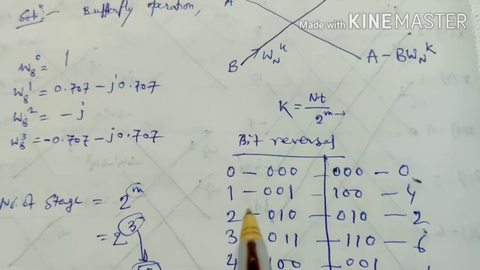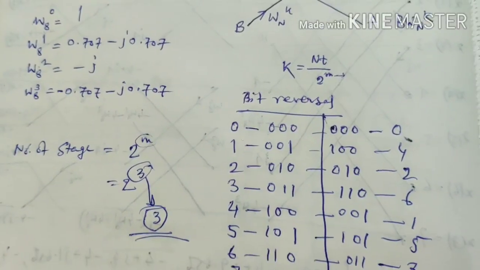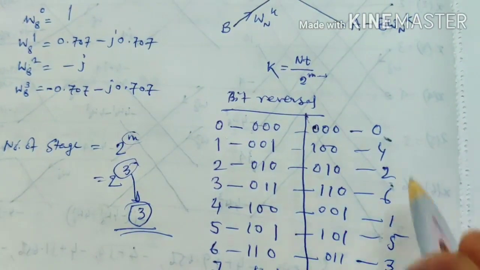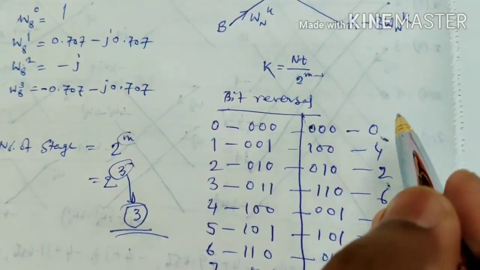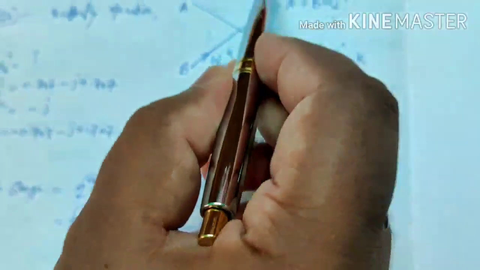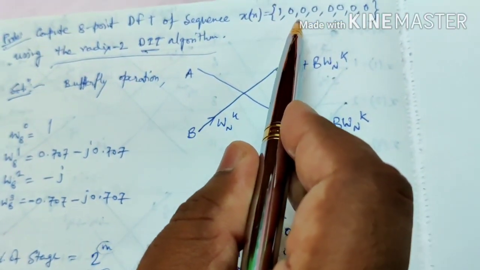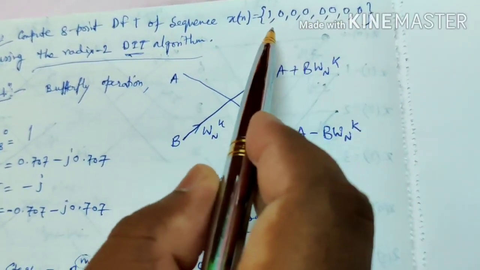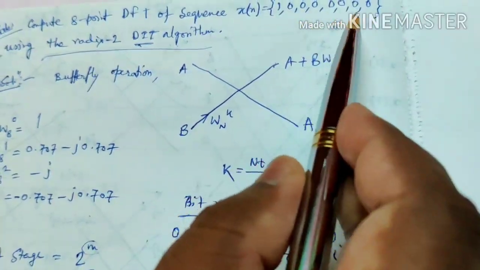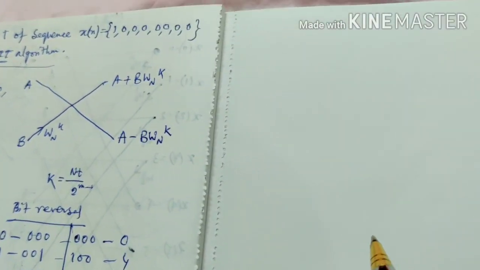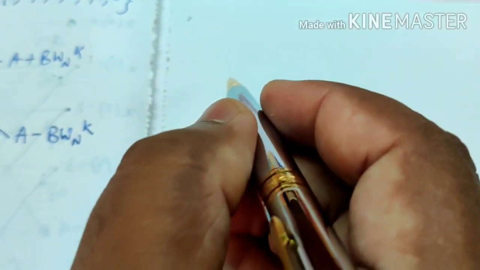So now the input sequence is arranged in bit-reversal form, and the corresponding values are x(n) equal to 1 only for x0, and the rest are 0.